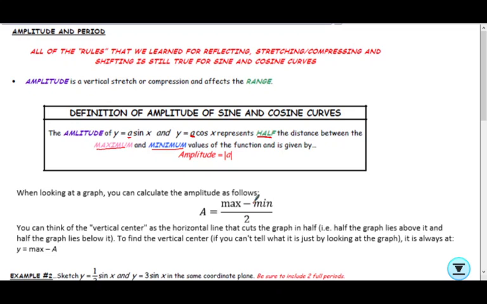Okay, so you can think of a vertical center as a horizontal line that cuts the graph in half. Okay, or we call it our center line. That vertical center is always at y equals maximum minus the amplitude. So if you start at the function's maximum point, go to the center of our wave, that will be our center line, okay, or what we call our vertical center.